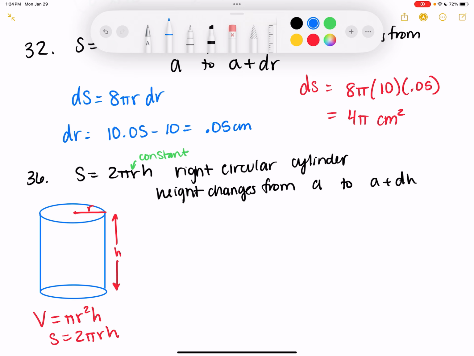So the derivative ds is equal to, what's the derivative of this with respect to h? 2 pi r times dh.